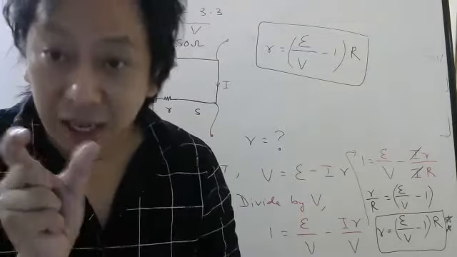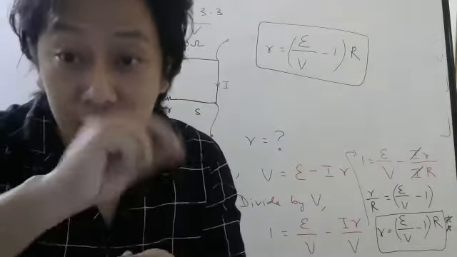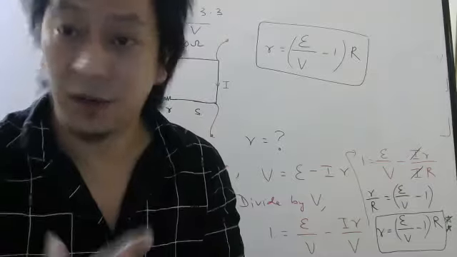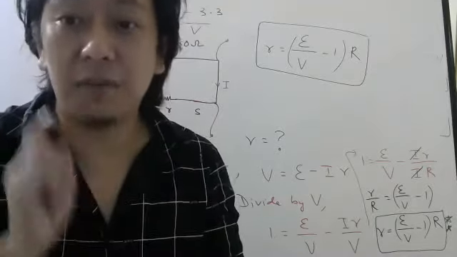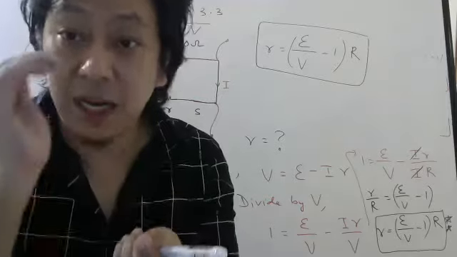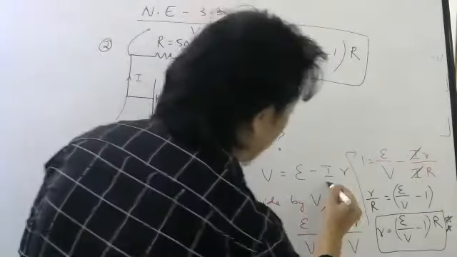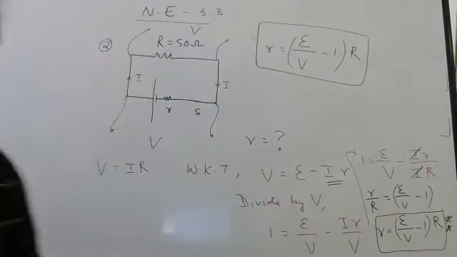Once you connect it to some mobile phone or bulb, to some external resistance, current will flow, and the potential difference will slightly decrease because of I into small r, because of internal resistance. Okay, students, so keep that in mind.